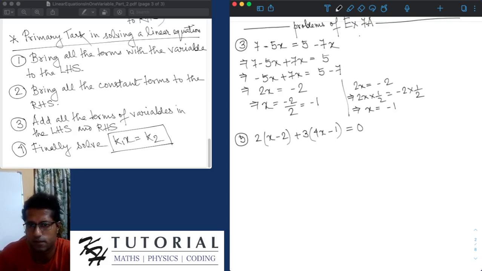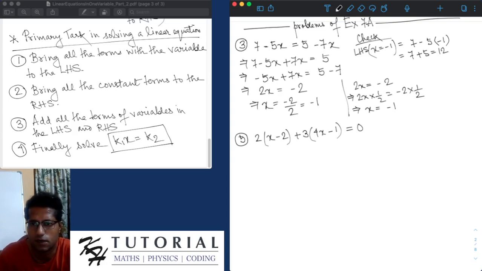So check the solution. LHS, when x equals minus 1, equals 7 minus 5 into minus 1. This becomes 7 plus 5, which is 12.